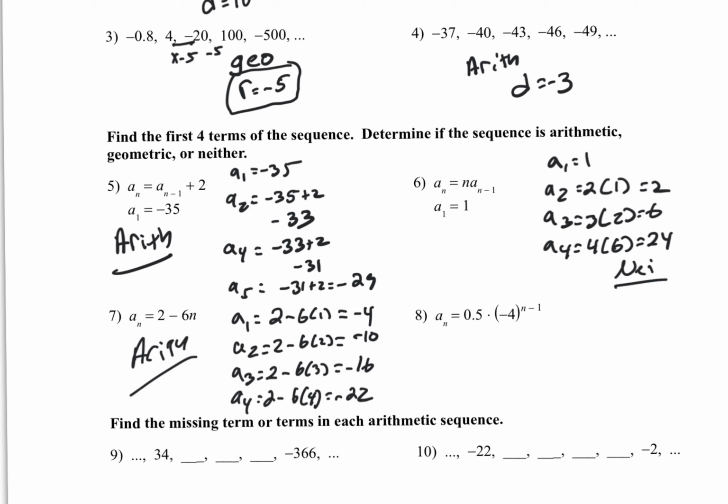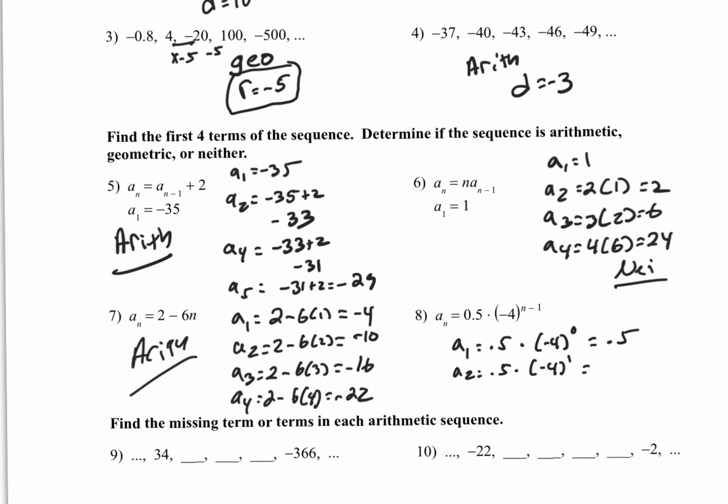And the last one, we're given a of n. So the first one is going to be 0.5 times negative 4 to the n minus 1, so that would be to the 0, so that would equal 0.5. The second would be 0.5 times negative 4 to the first power.